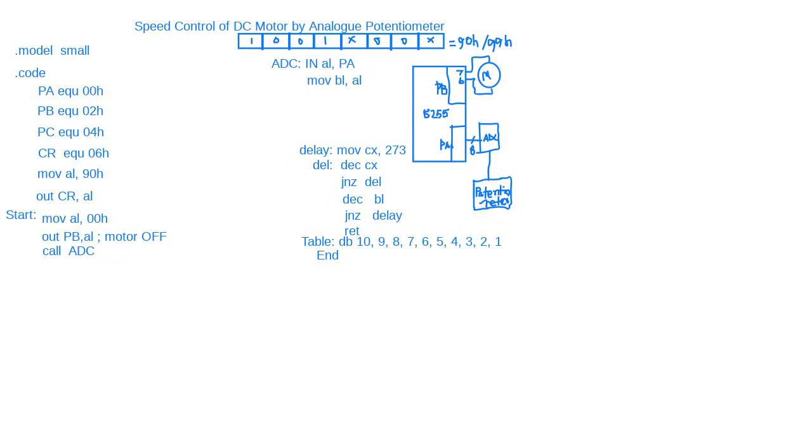Okay, so that means it is value 2. Now we compare AL, comma, BL. Are they equal or not? The value 1 and value 2, are they equal or not? If they are not equal, jump not equal, go to the ADC again.